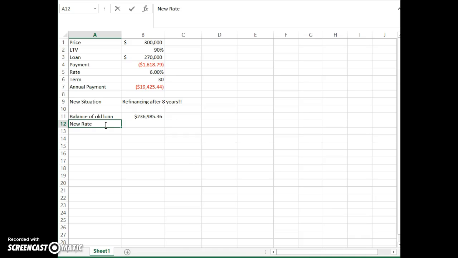Now we're going to do the new rate, new term. The new rate is 4.5%. The term is still 30 years. And I'm only going to stay at this house for 5 years.